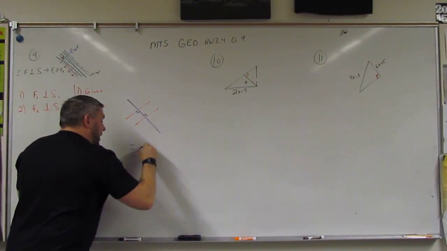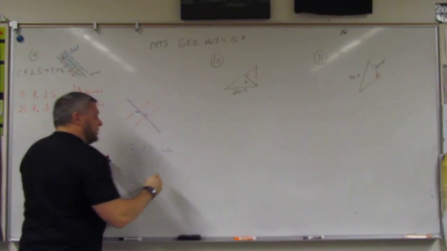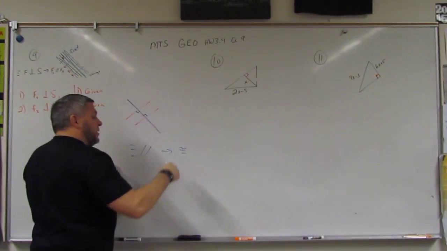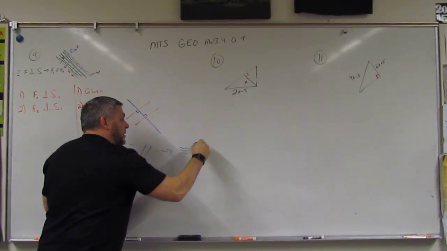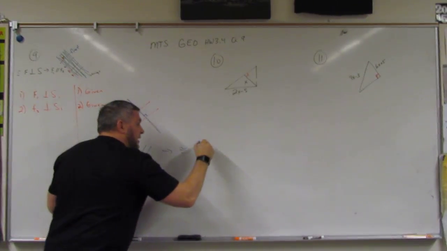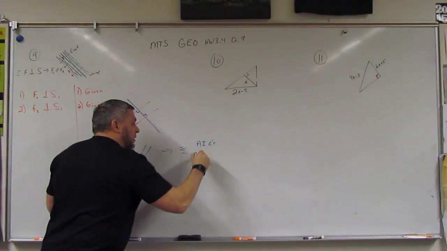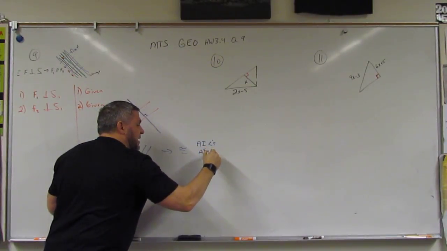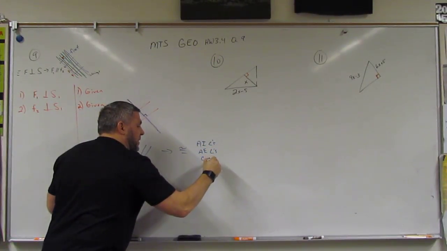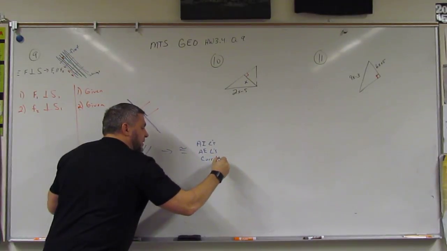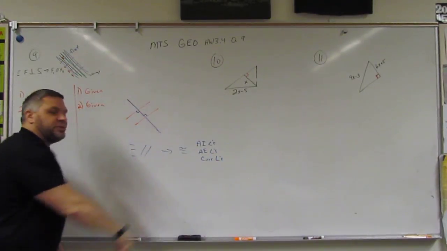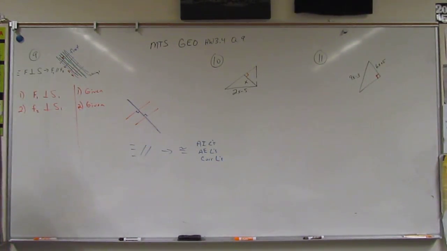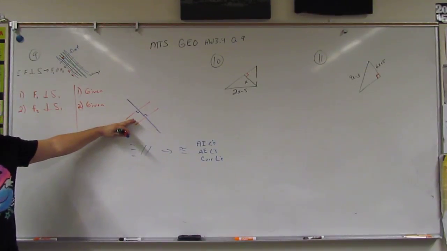So our congruent ones, right? If they're parallel, then they're congruent. These are all those: the alternate interior angles, alternate exterior angles, and corresponding angles. And you could have chosen any one of the three. And what I chose was what? Which one did I choose?